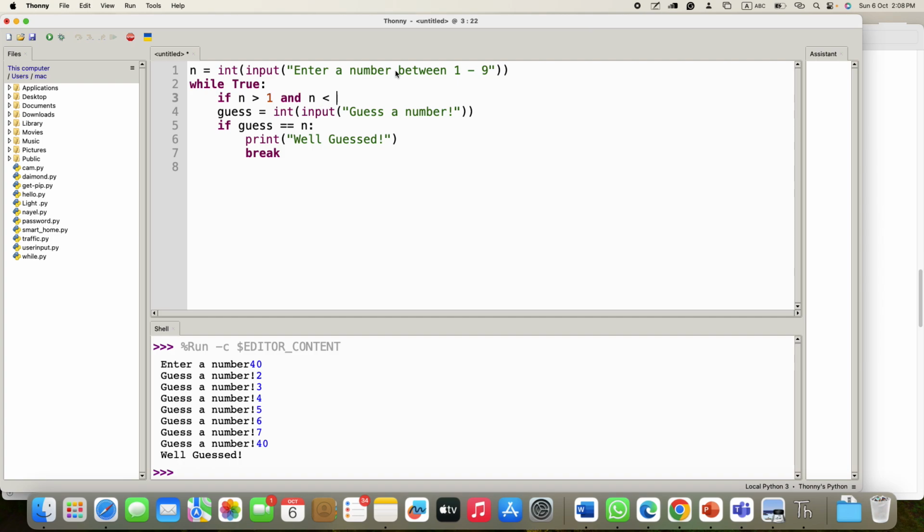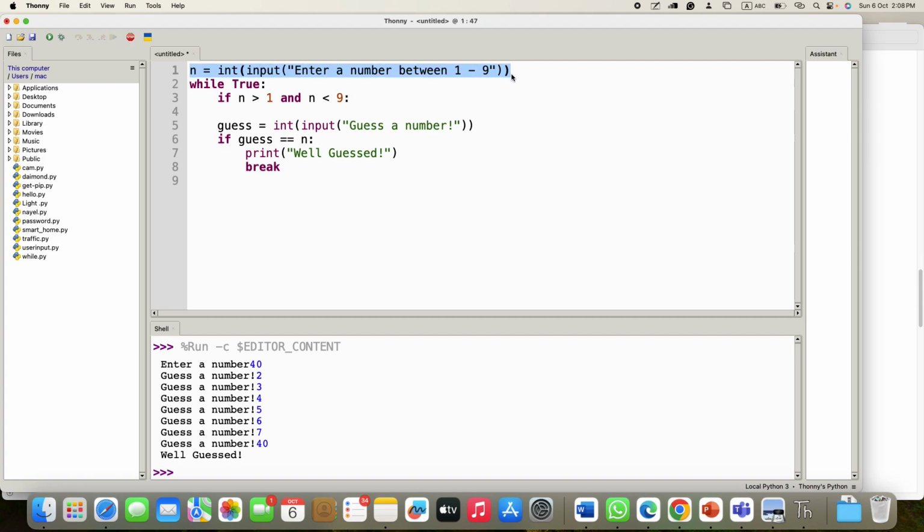Between means it can be 2 and it can be 8. It cannot be 9. So you check that. If it is not between that, what shall it do then? You should just ask again to enter it.